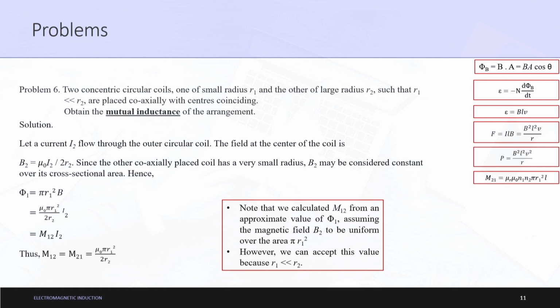So let us move on to one of the problems associated with mutual inductance. Please listen carefully to what the problem is talking about. Two concentric circular coils. Two concentric means having the same center. If any two circles have the same center, then those two circles are called concentric.